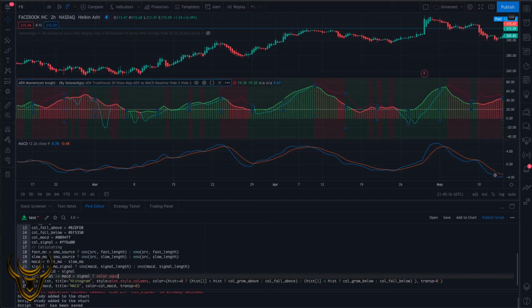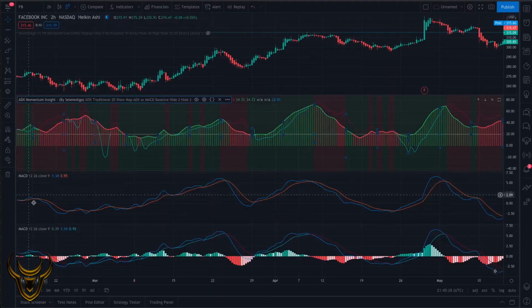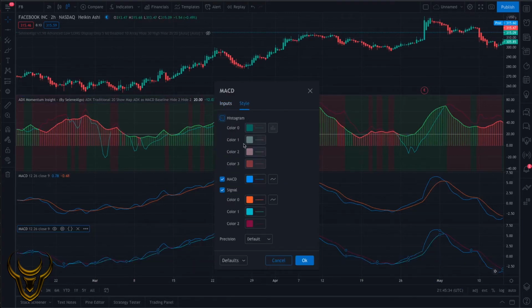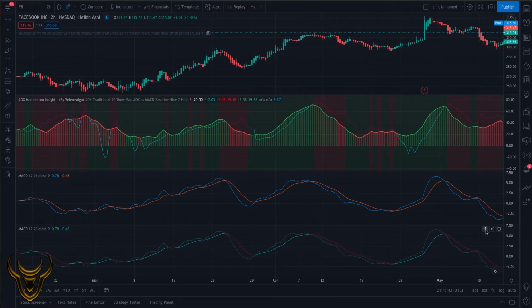Aqua, and then, let's see. Alright, cool. So let's do this. We will hide the histogram for a second, and we'll just make this MACD line something a little different. Alright, let me push this up.